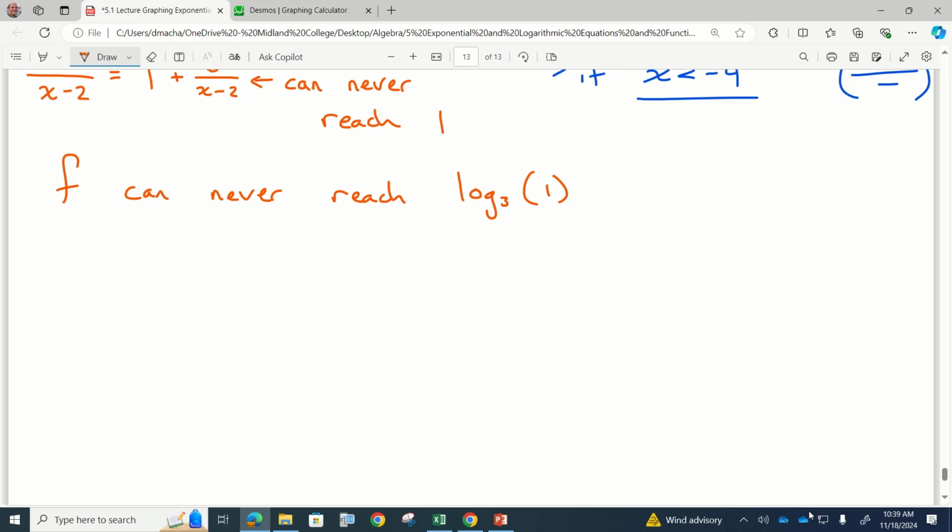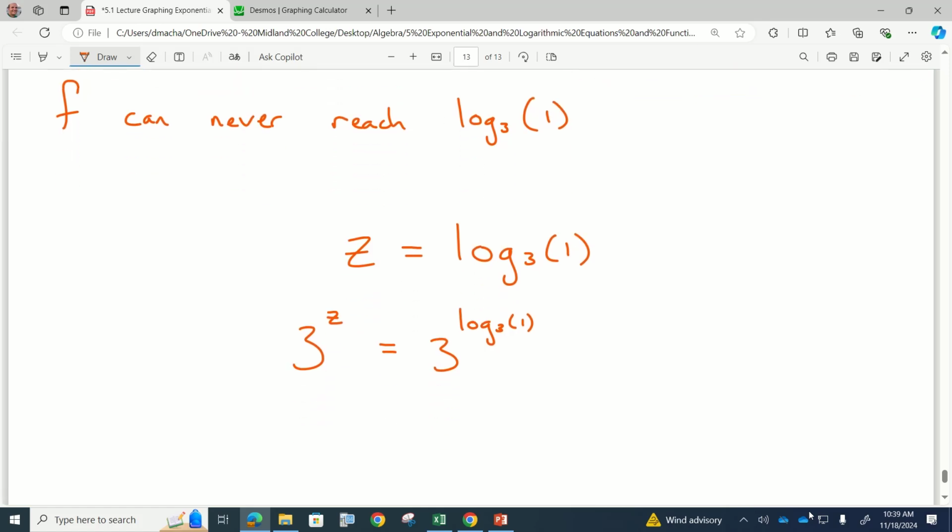Let me say z is equal to the logarithm base 3 of 1. If I said 3 raised to the power z is equal to 3 to the power logarithm base 3 of 1, this cancels out, right? 3 to the power log 3.